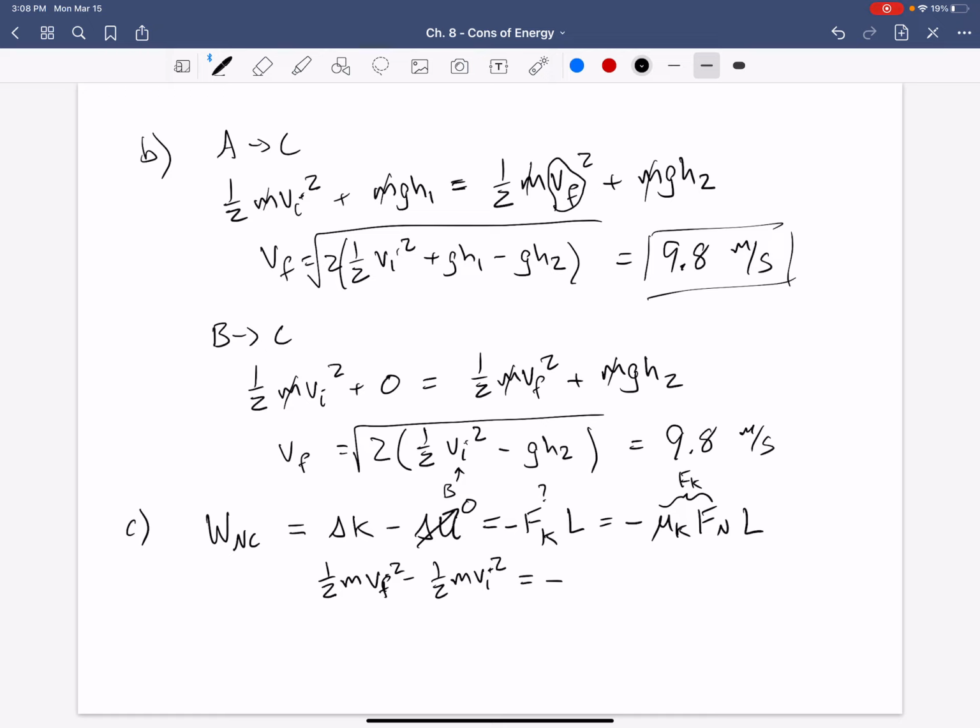Remember, it's still work done. Work still follows integral F dot dr. So in this case, we have negative mu k, and then the normal force is simply the object's weight, mg, times L. And what we want to solve for here is the final speed.